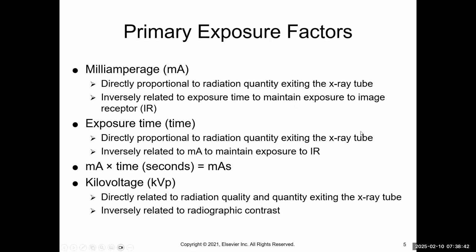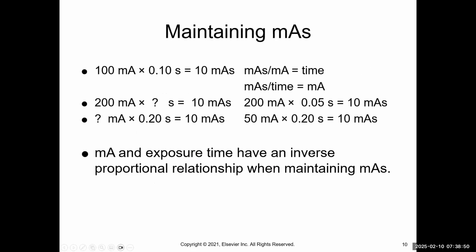This one, where it says inversely related to MA to maintain exposure to the IR. That means if your goal is to keep the same mass, then if you increase your MA, what has to happen to your time? It has to go down, or vice versa.